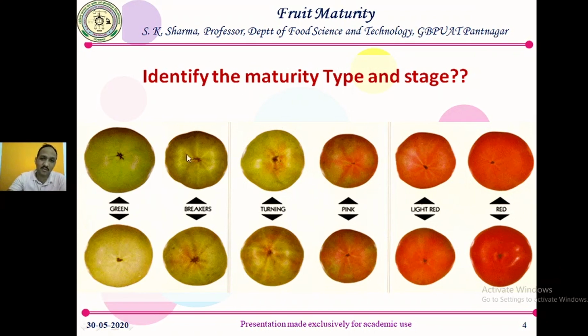But what about horticultural maturity in the same example? Here I can find a horticultural maturity if it has to be transported to 500 kilometers. Slightly here also, the turning stage, if it has to be transported to sufficiently long distances. But if it has to be utilized in a kitchen garden, then this will be the horticultural maturity stage.